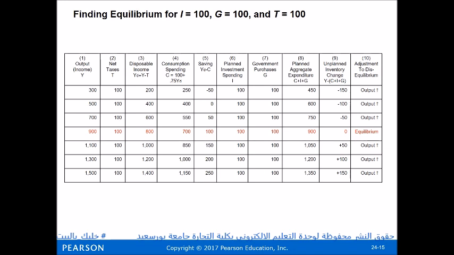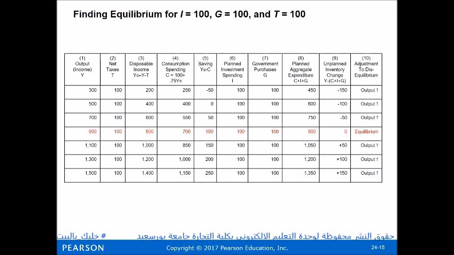So 400 plus 100 plus 100 gives 600. We can continue to do the same thing to obtain the remaining values of aggregate expenditure corresponding to the remaining values of YD and Y using the same method.